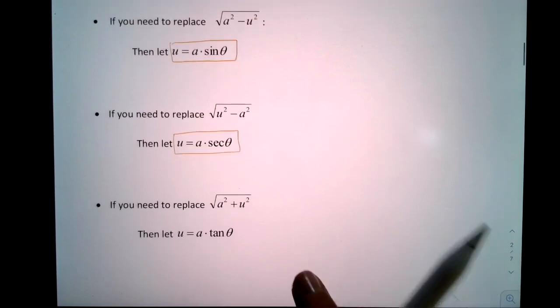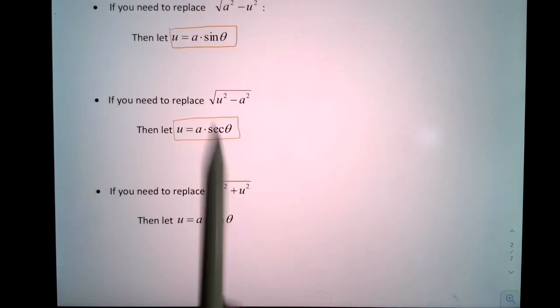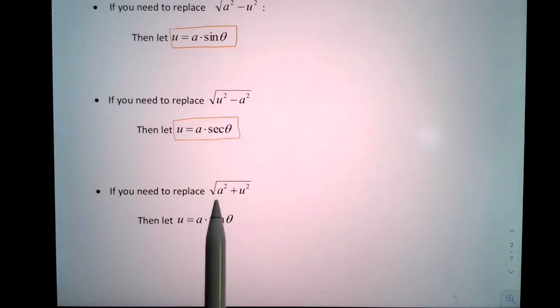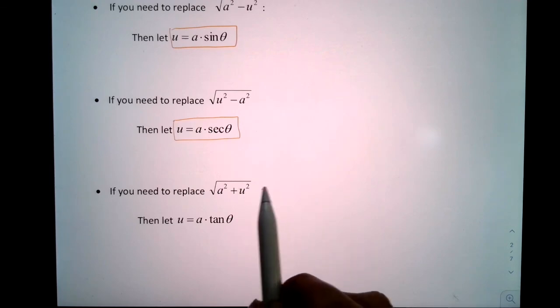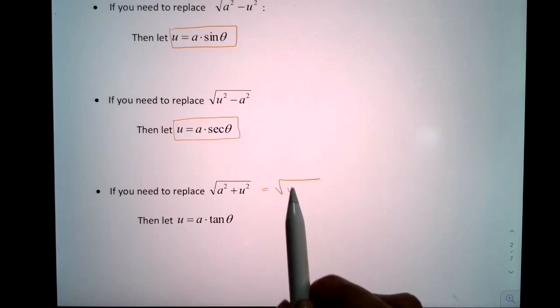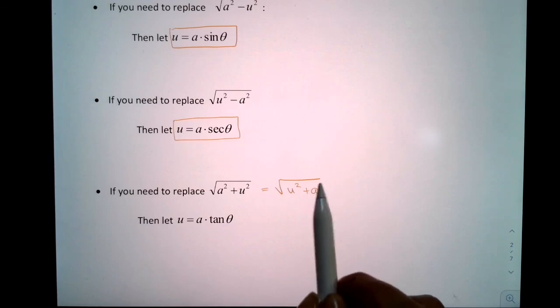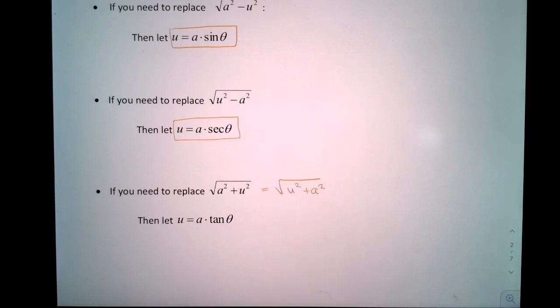And then lastly, if you see something under a radical where it's a number squared plus that function of x squared, and order doesn't matter for this one, you could have something like this, then we're going to use the replacement that u equals a tangent theta. These trig functions are selected on purpose because they're going to work awesome with some other trig identities.